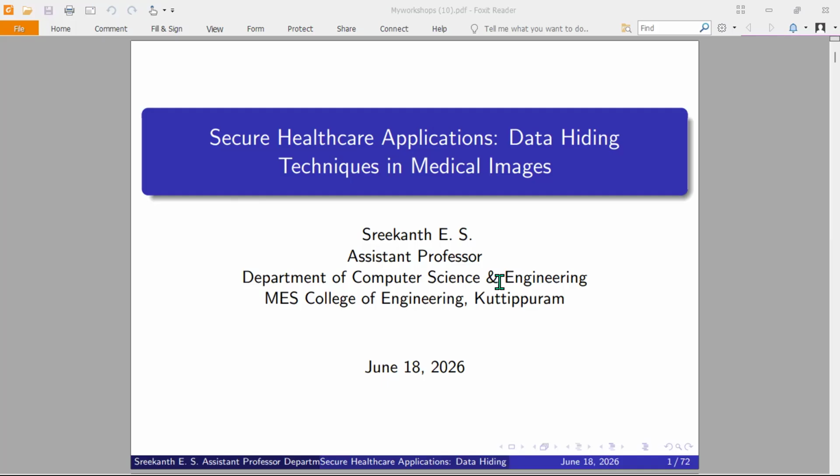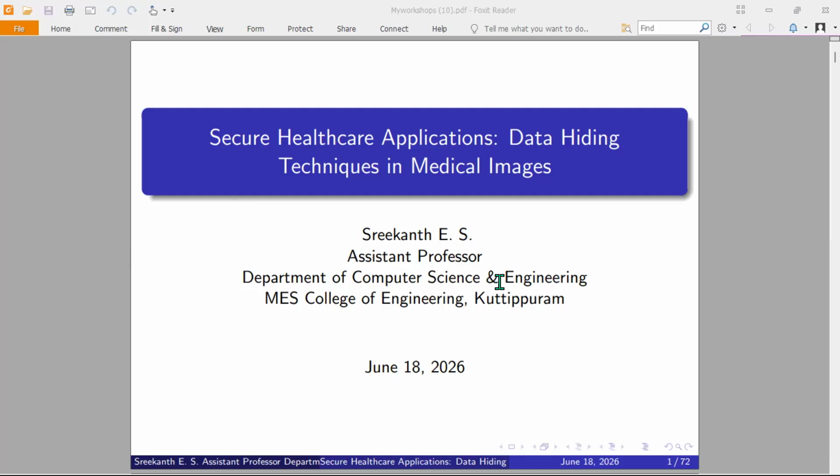Because doctors can do the diagnosis by transferring the images online. But during this transfer, they need to embed the associated patient details with the medical images, isn't it? Why? Because if the details are sent as a separate file, it is very difficult to keep a mapping between those two. So what people are doing is embedding the data within the medical image.